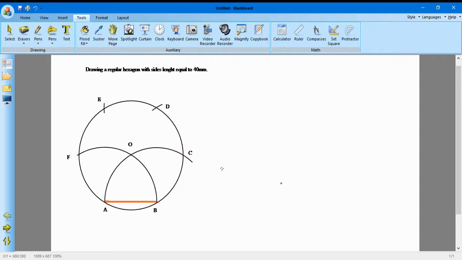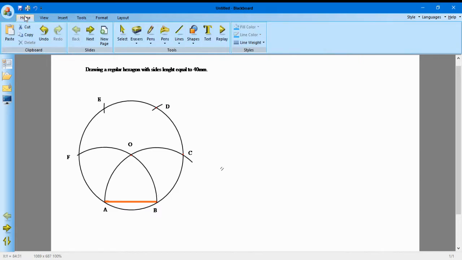Now, you can use your ruler to join point B with C, C with D, D with E, E with F, and lastly F with A. Those points will give you what we call a regular hexagon with side length equal to 40 millimeters.